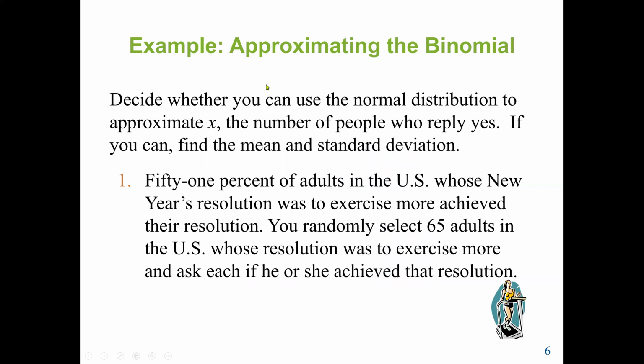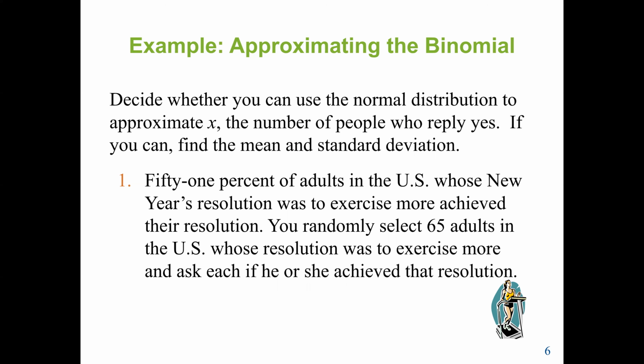So let's try one example. The example here is how to approximate the binomial. Here they say we should decide whether we can use the normal distribution to approximate X, the number of people who reply yes. This problem is discrete because the number of people who reply yes is binomial, yes or no. The outcome is 2, and the random variable is discrete.